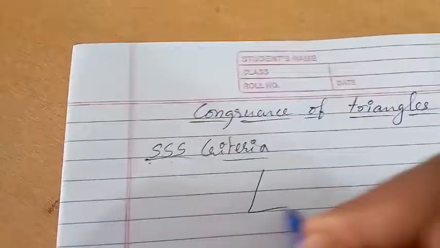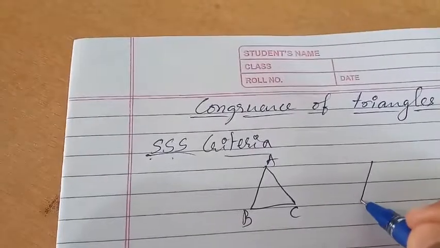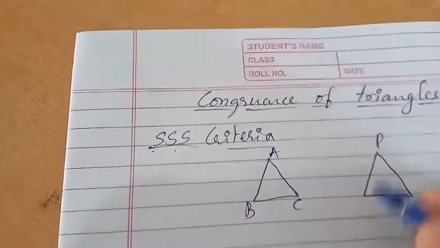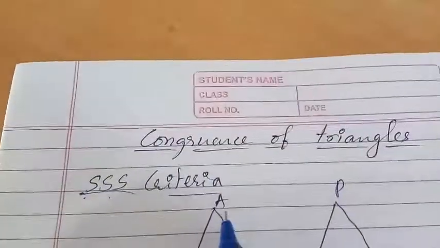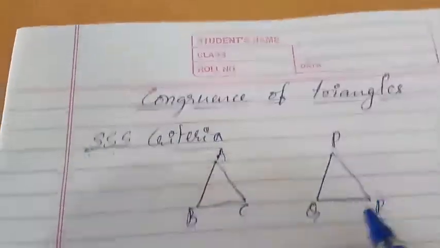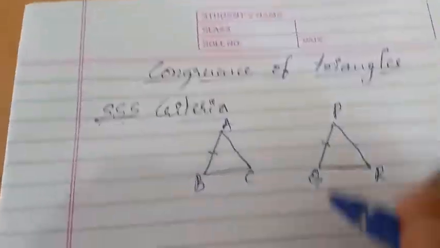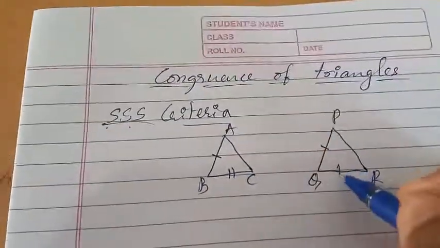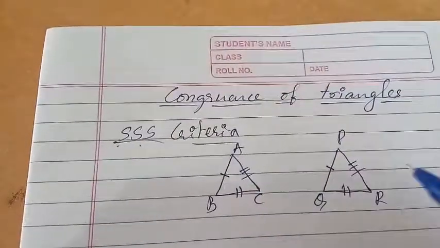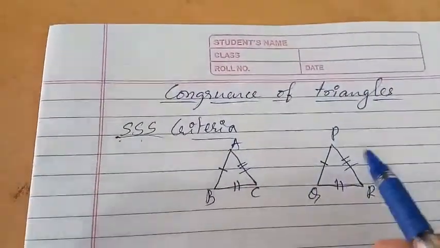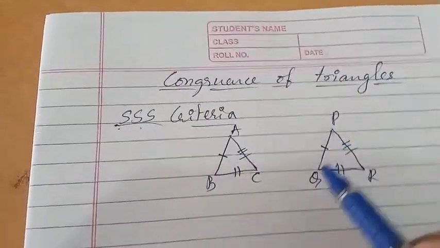If ABC and PQR are two triangles, and if AB equals PQ, BC equals QR, AC equals PR, then triangle ABC is congruent to triangle PQR.